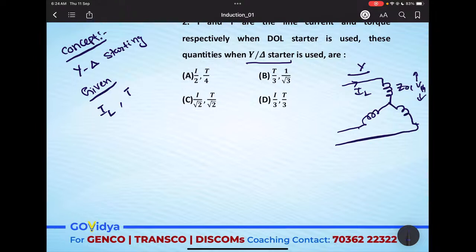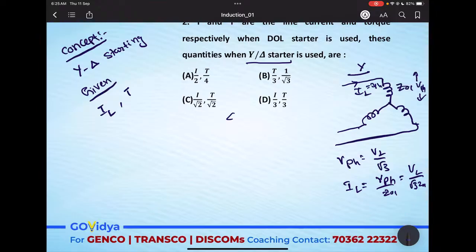In star network, phase voltage is equal to VL by root 3, and IL is equal to I phase. Therefore IL is equal to V phase by Z01, which can be written as VL by root 3 Z01. If we are using initially star connection, the current formula will be like this.